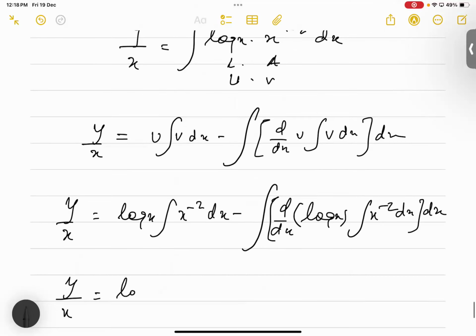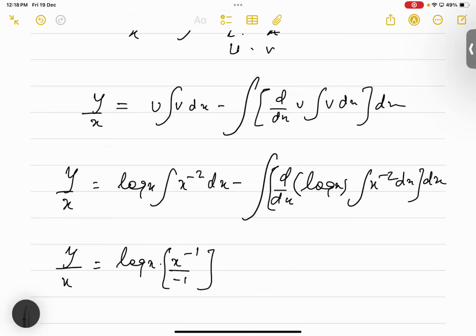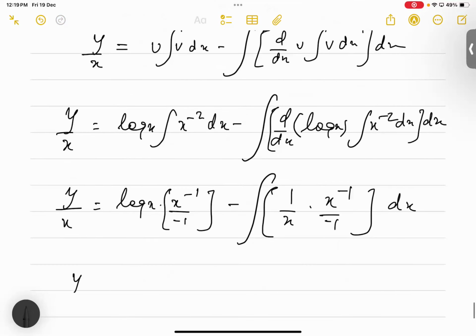So y upon x raised to -1 upon -1. Can someone tell me how? It is n plus 1 upon n plus 1, so -2 plus 1 upon -2 plus 1. Same thing over here, but then there is multiplication in between, okay?